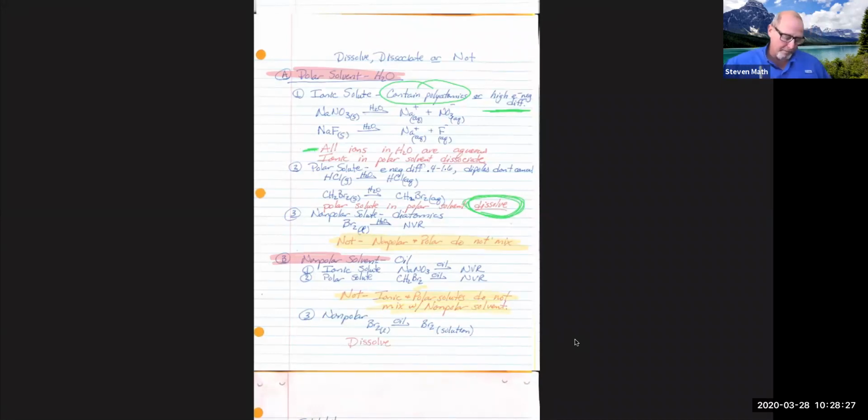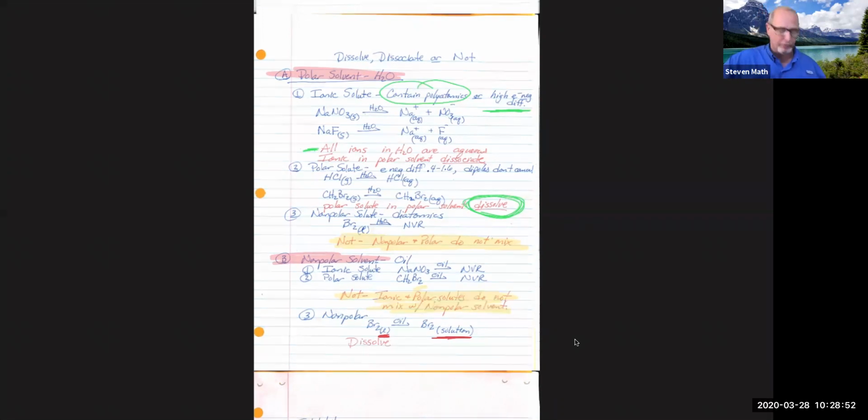Now, my nonpolars, nonpolar solvent, nonpolar solute, this is going to dissolve. It can't dissociate because it's not made up of ions. It just stays together, and in this case, it's going from a liquid form to a solution form. We can't really say that it's aqueous. There's no water. We're just saying it's dissolved.